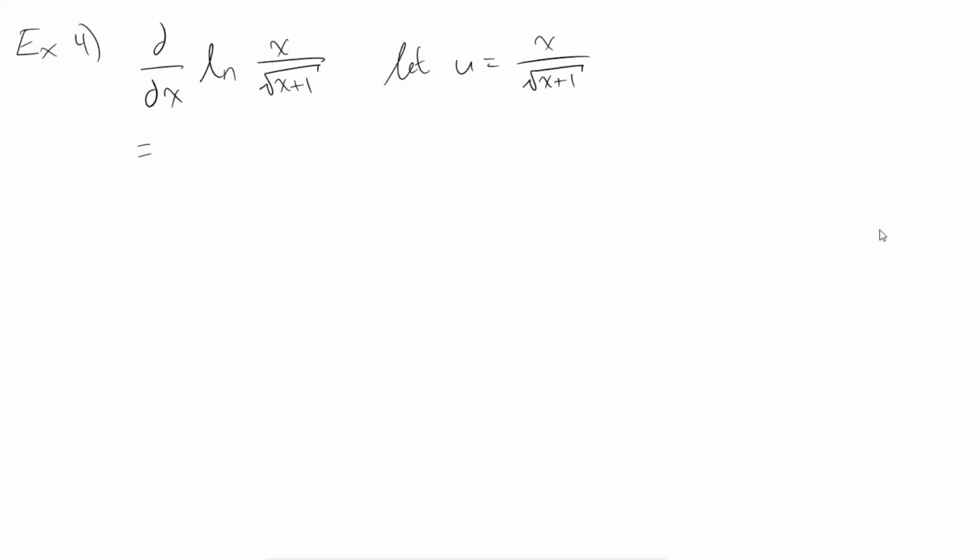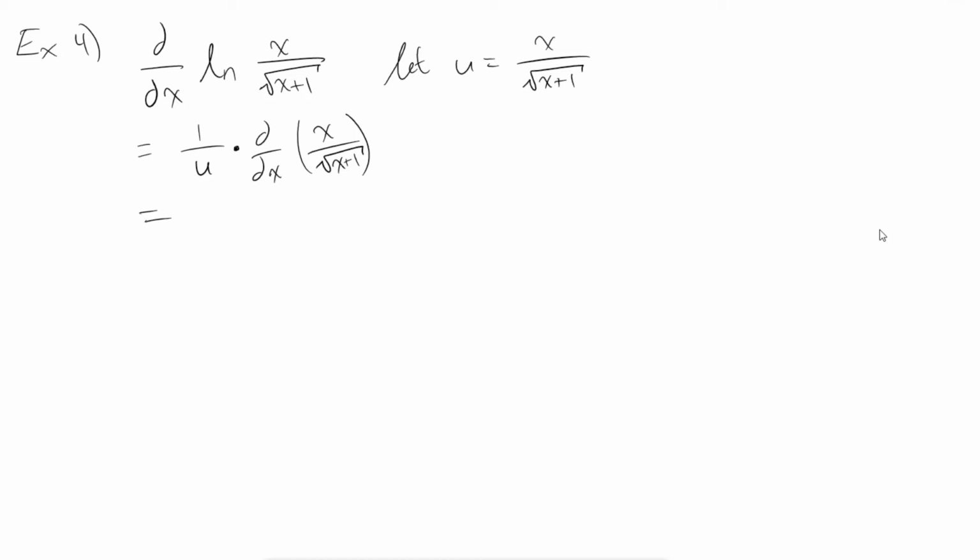So the first part here is equal to 1 over u multiplied by the derivative of that guy there. So the derivative with respect to x of x over root x plus 1.